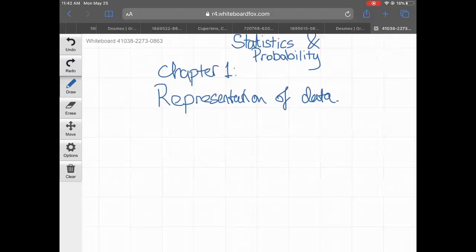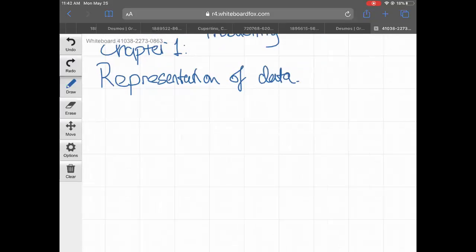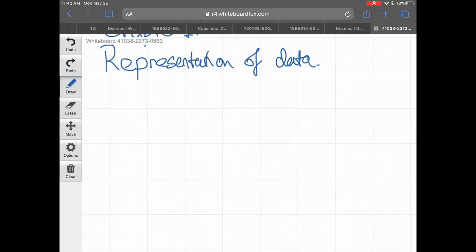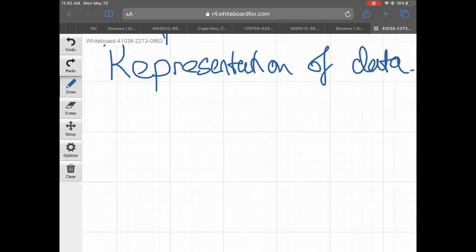So first of all, I just want to do some vocabulary. So let's just define statistics and probability first. So what is statistics? Does anybody have a definition? It's quite a hard one, really. Maybe one you've not thought about before.